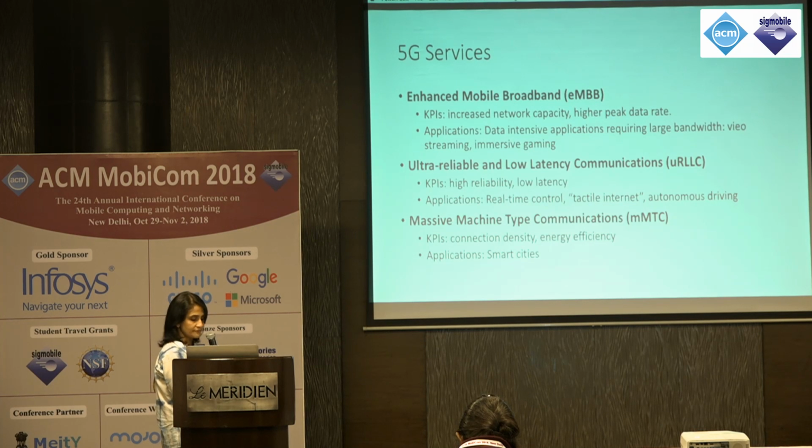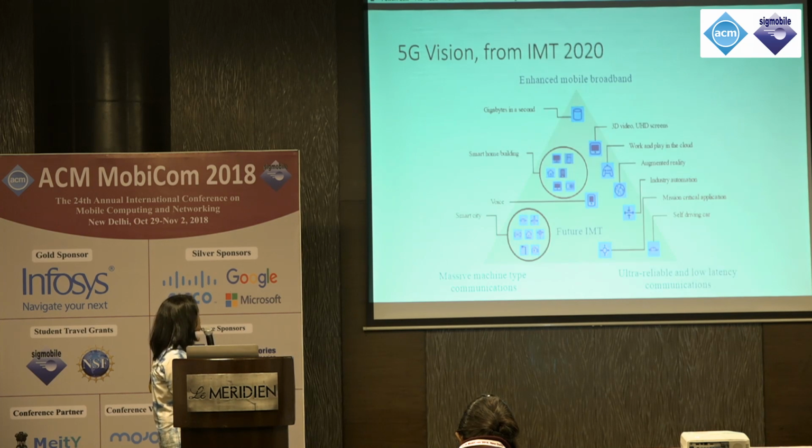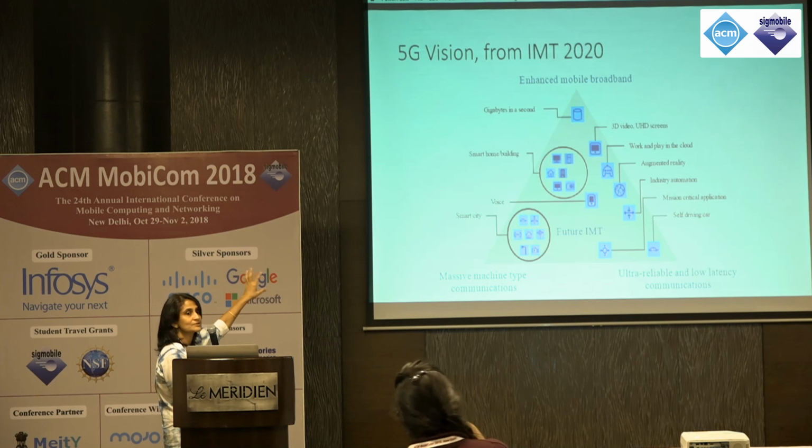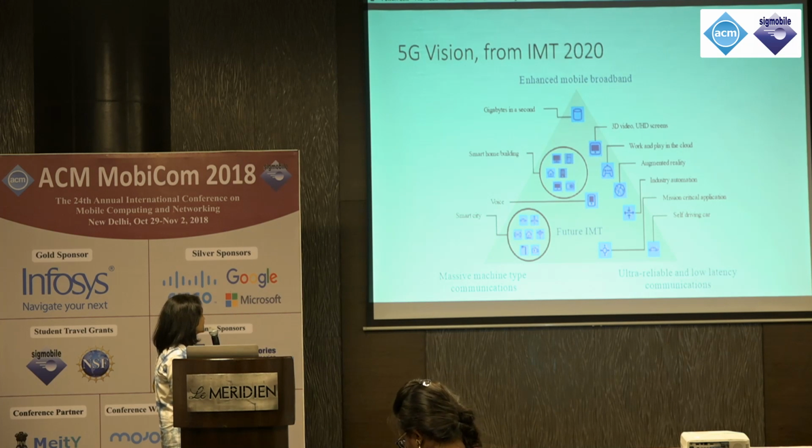Most of the applications fit into this pyramid. There's a reason they've put enhanced mobile broadband on the top of the pyramid and not at the bottom, because that is still the biggest driver. For example, millimeter wave is what is going to give you that high data rate service. The applications fall within the triangle.